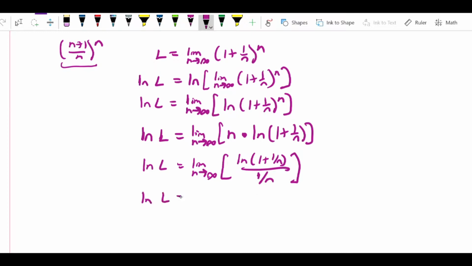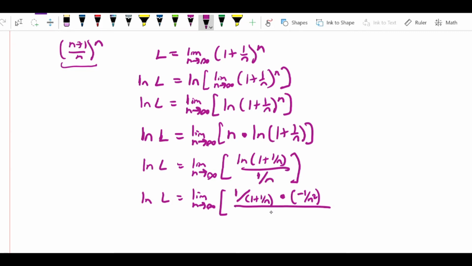So that gives me ln L is equal to the limit as n approaches infinity. I take the derivative of the top, that's going to be 1 over (1 + 1/n), times the derivative of 1 + 1/n, which is negative 1 over n squared. In other words, I need the chain rule when I do that. And then I take the derivative of the bottom.